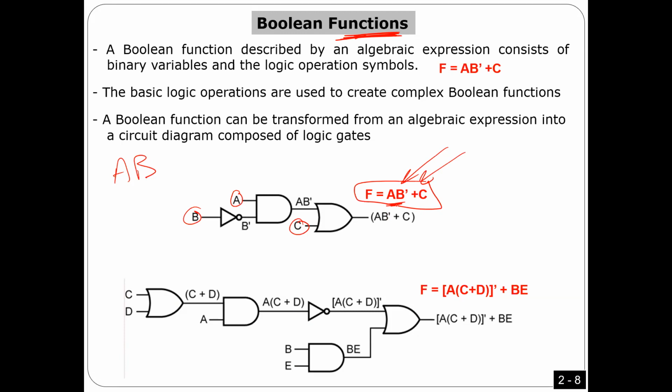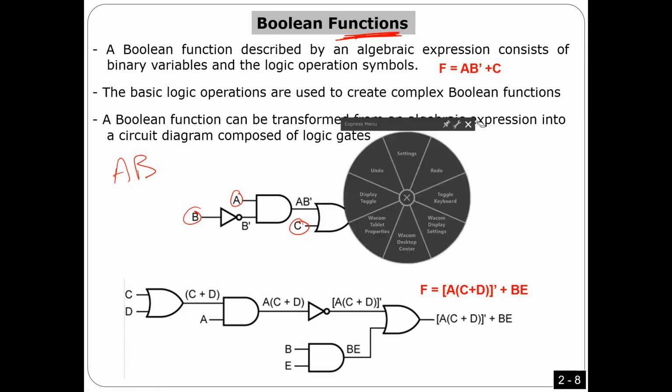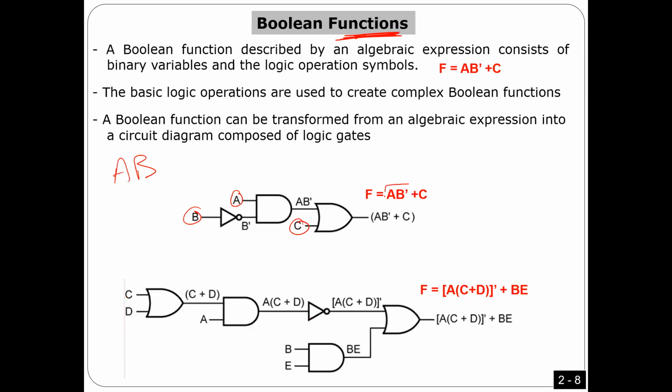Let me explain what this one here is. Look here. This is an AND operation. We are going to AND A, as you see here, with the complement of B. That's why if you look at the circuit, we have an AND.